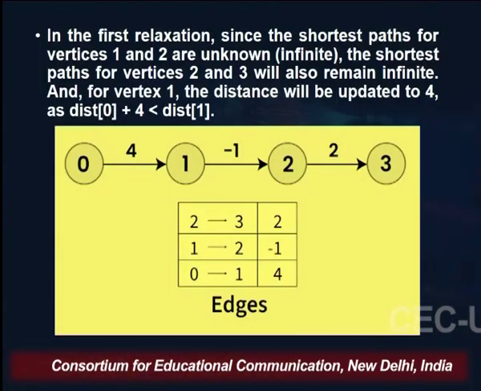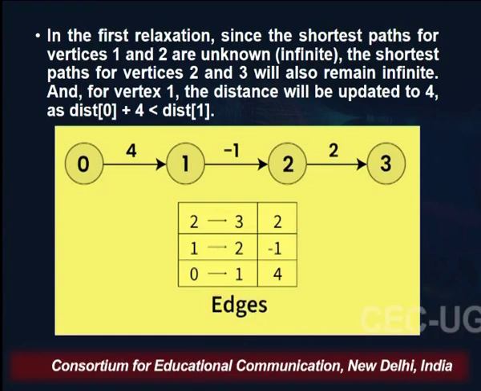Now, let us adopt the process of relaxation on this graph. In the first relaxation, since the shortest paths for vertices 1 and 2 are unknown, we can say infinite, the shortest path to nodes 2 and 3 will also remain infinite, and for vertex 1 the distance will be updated to 4.